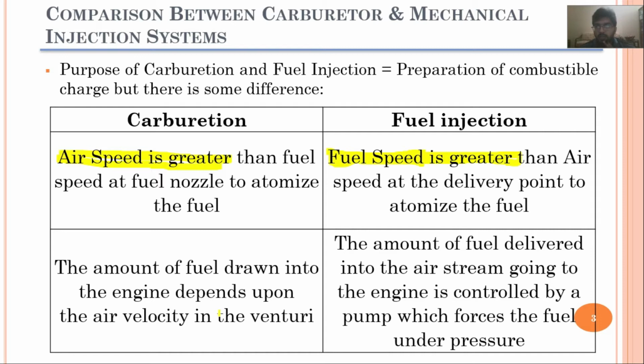So I have also explained this part in the previous topic, that the greater the air velocity at the venturi throat, the more amount of fuel would be taken in from the float chamber. And how can the velocity be greater?